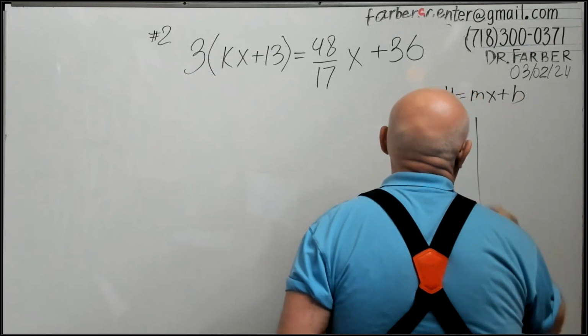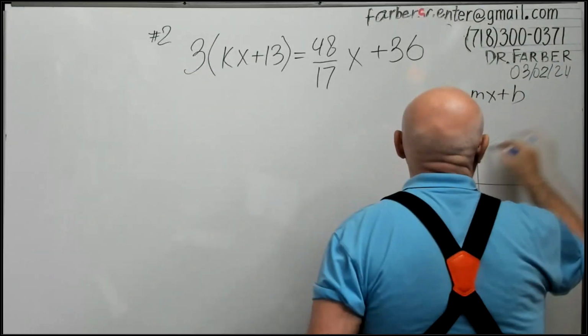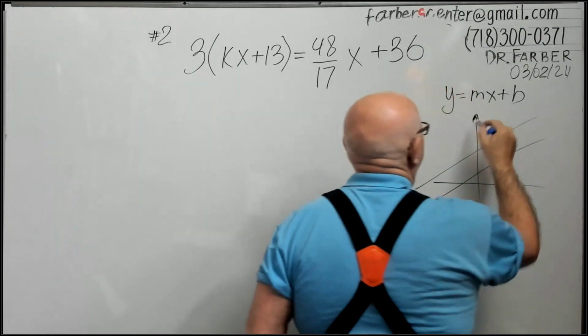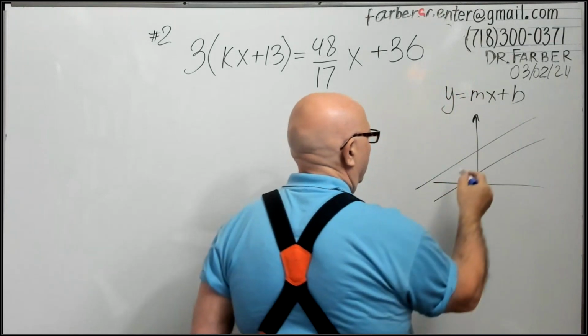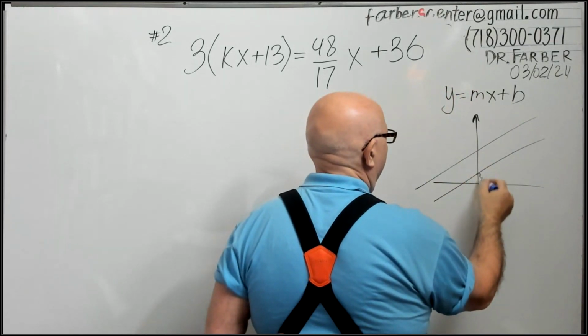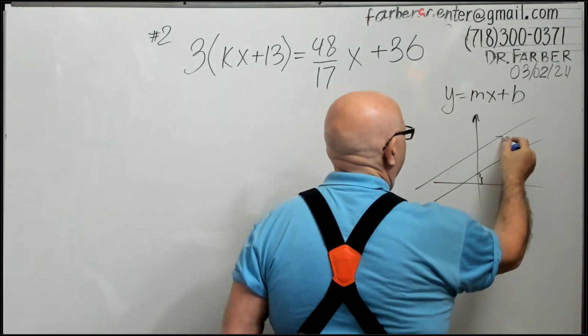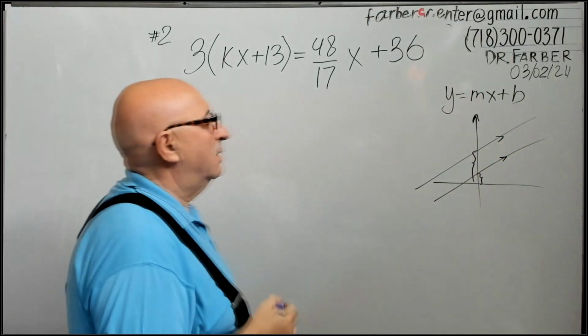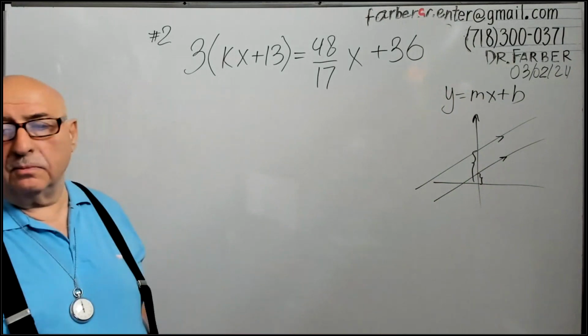And you have two lines. In order for them to have no solution, they must be, first of all, parallel, and second of all, the y-intercept must be different. In this case, no solution.